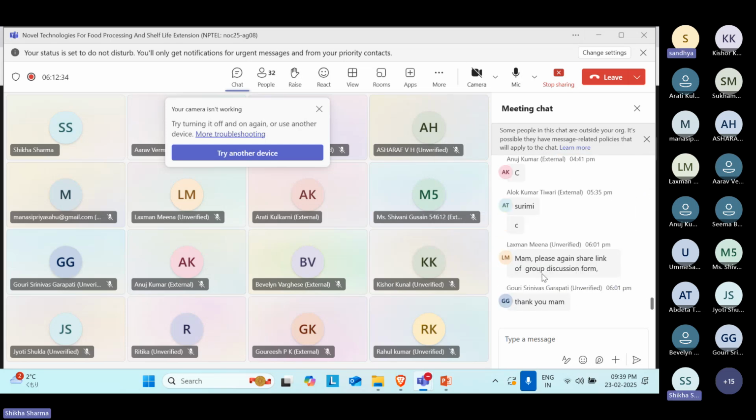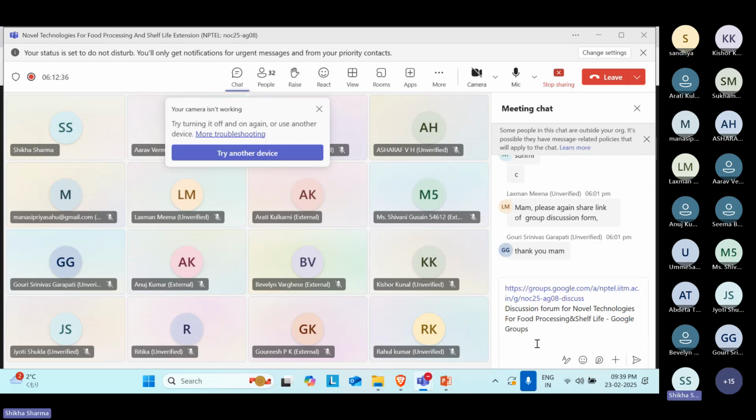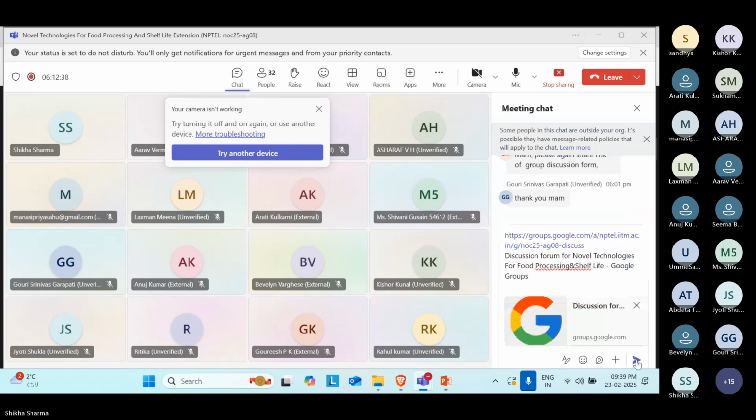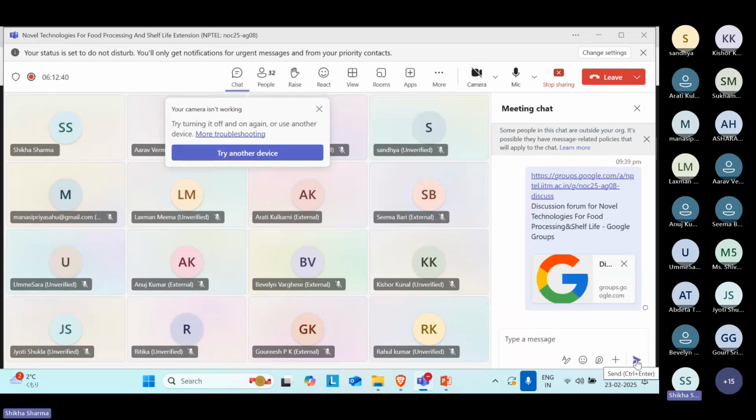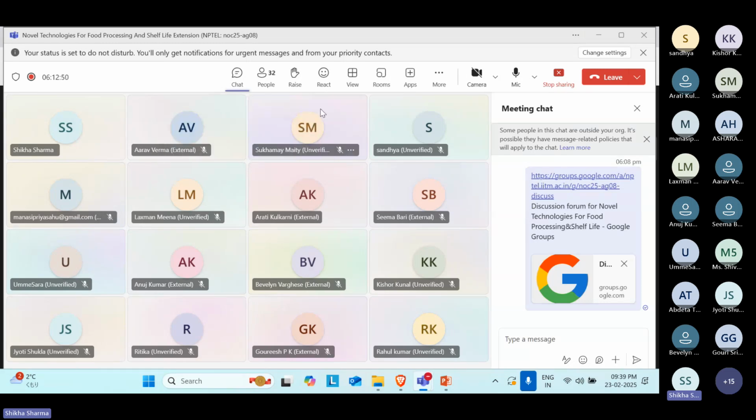Please post this also on the discussion forum. I have repasted it. Can you now access? Please ask these questions on the discussion forum so everyone will know, and if other people have the same query, everyone will be able to get the answer.